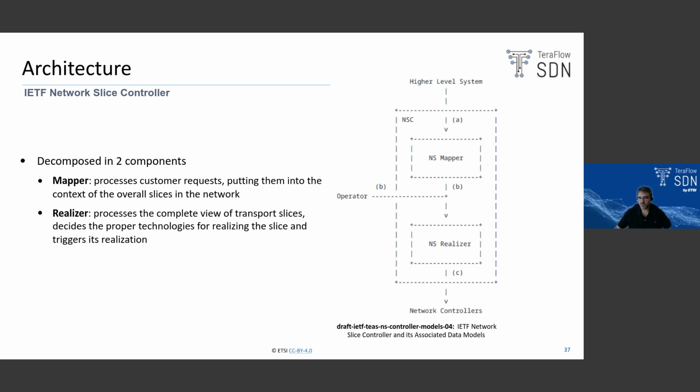So essentially, it performs translations. And then below we have a realizer block that processes this definition translated by the mapper into a set of requests and actions that are forwarded to the underlying network controllers in order to create and set up the network slices.